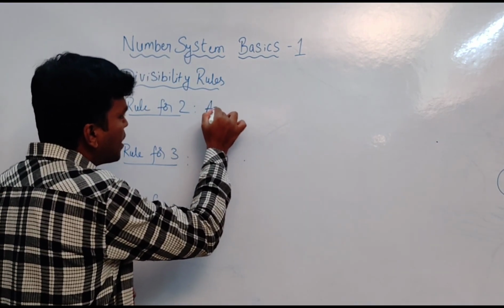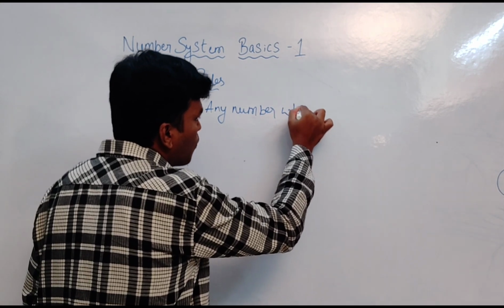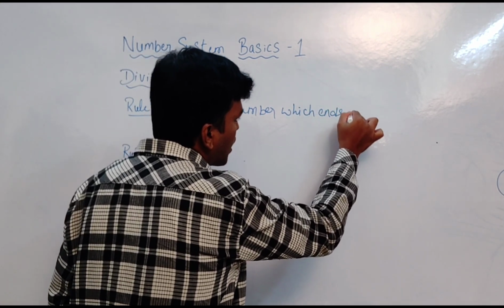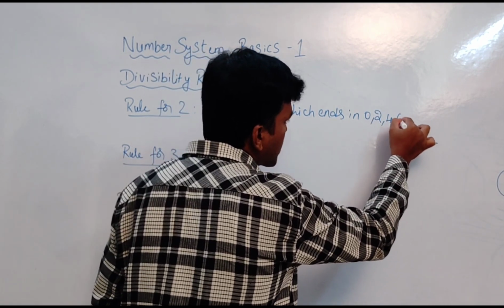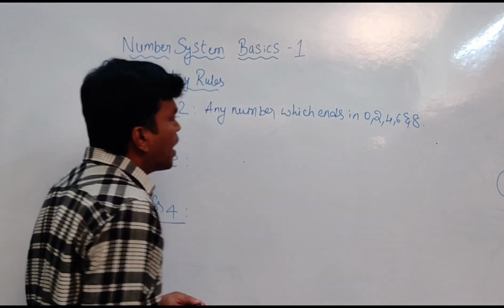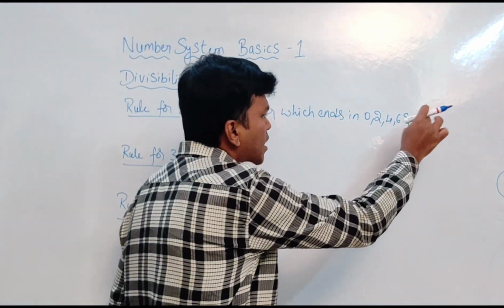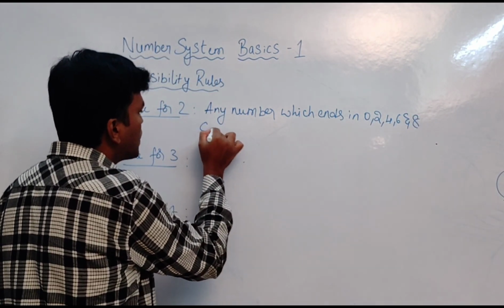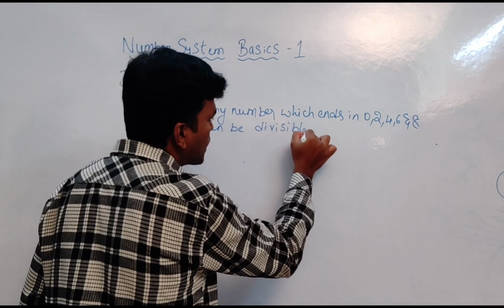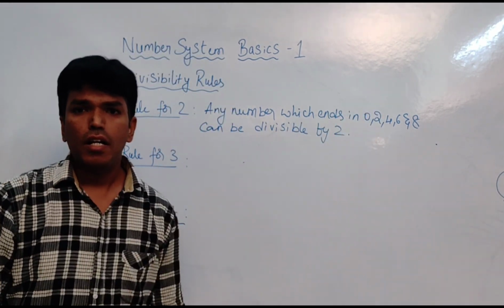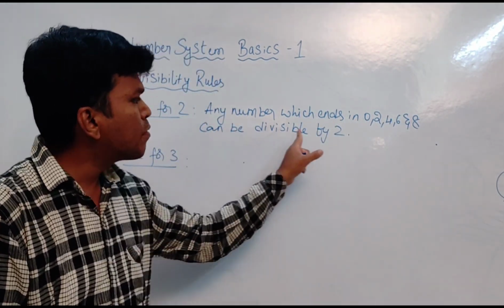So any number which ends in 0, 2, 4, 6 and 8 can be divisible by 2. Yes or no?